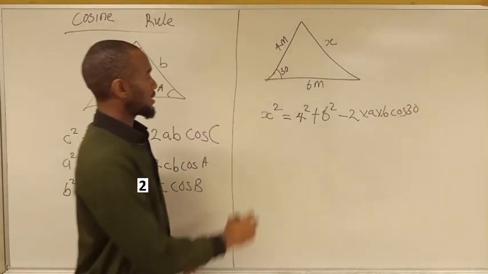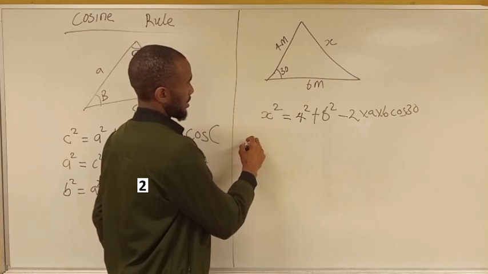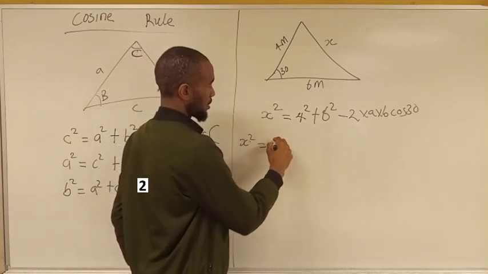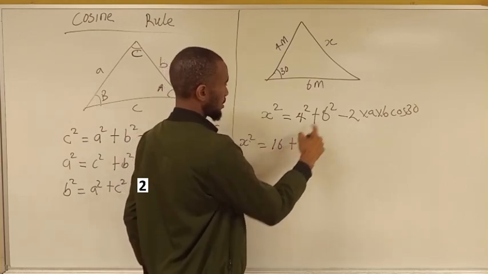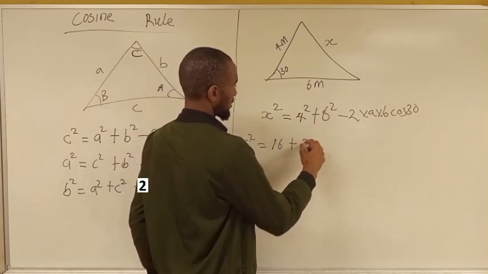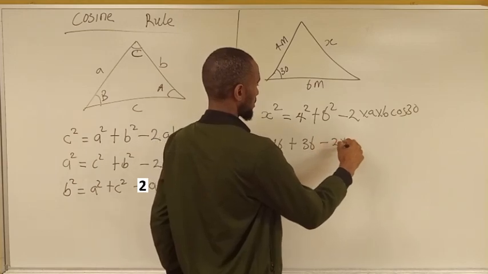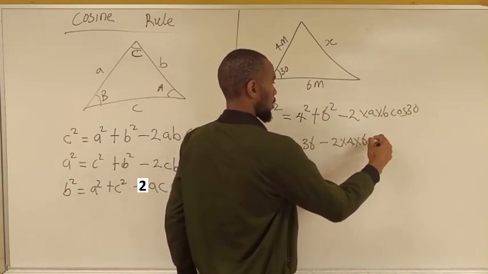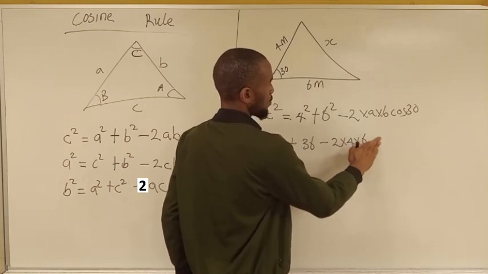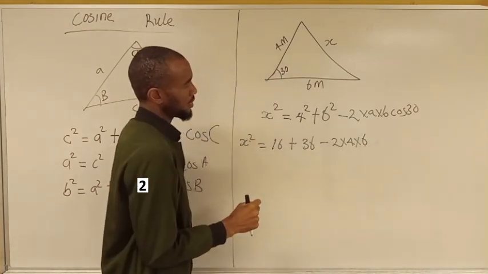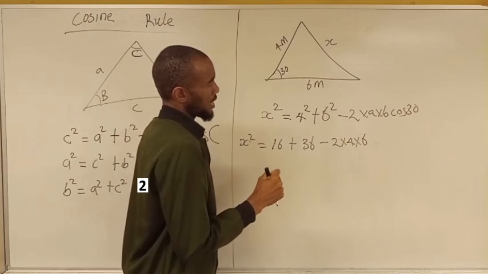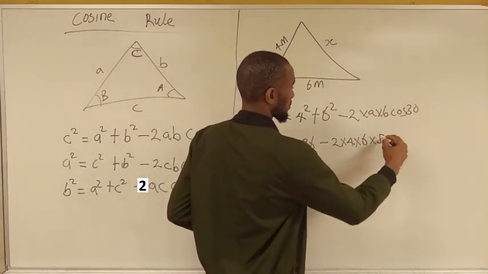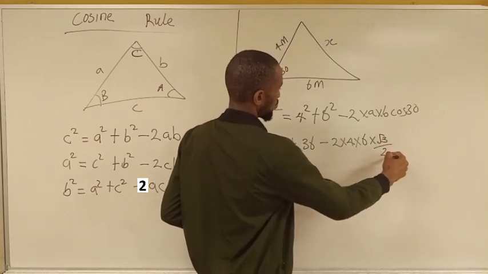And if that is the case, then s squared is equal to 4 squared is 16 plus this is 36 minus 2 times 4 times 6 cos 30. Of course, we know cos 30 is adjacent over hypotenuse, which is root 3 all over 2.